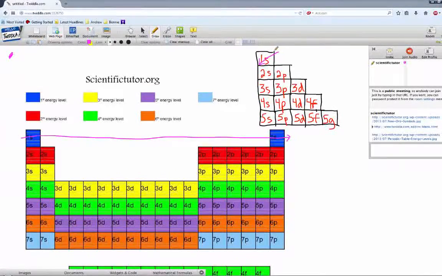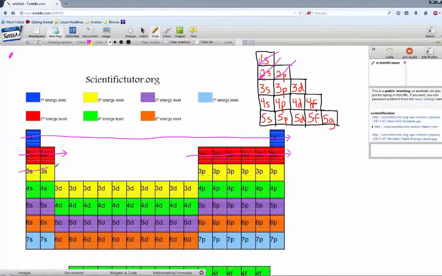In this diagram, you go from the top right to the bottom left. As we pass through the 2s orbital, we also go through the 2s orbital here. As we pass through the 2p orbital, you also pass through the 2p orbitals here.